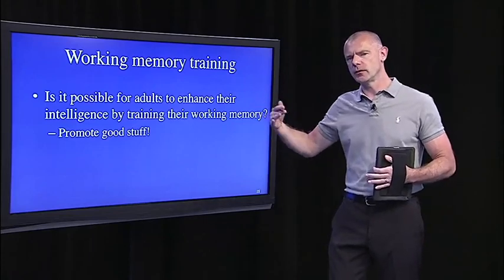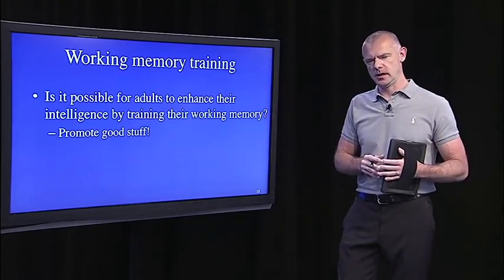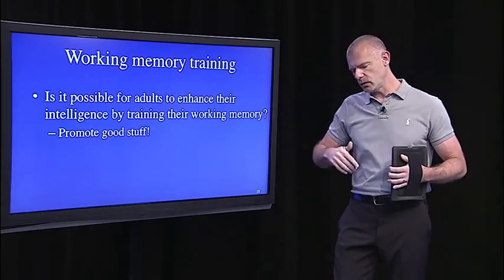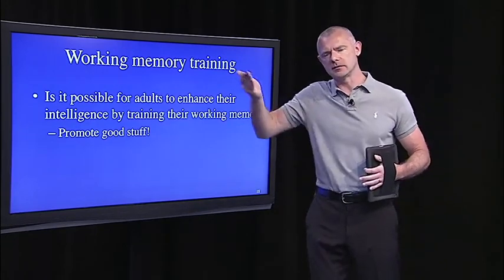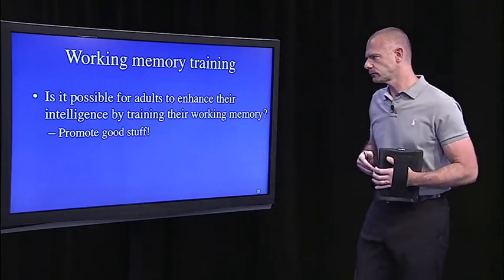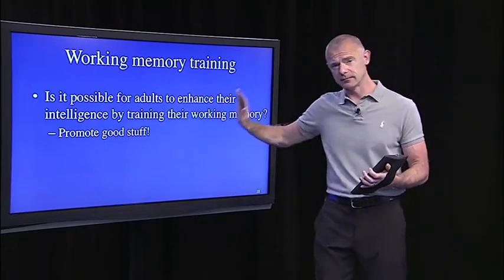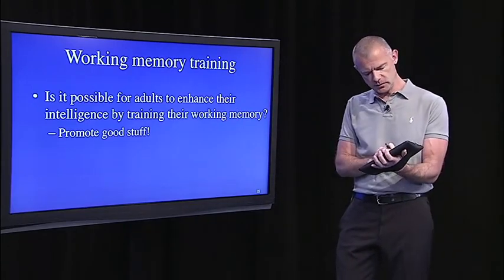Some new results are showing that that might not be the case. And we might be able to put you into these specific training environments that will enhance your intelligence. So the idea here is, let's promote the good stuff. Intelligence is a good thing.